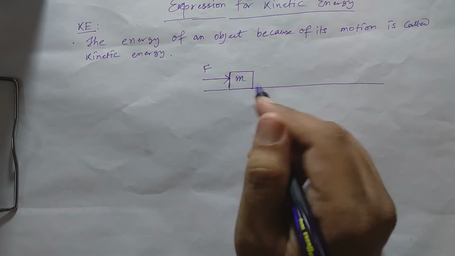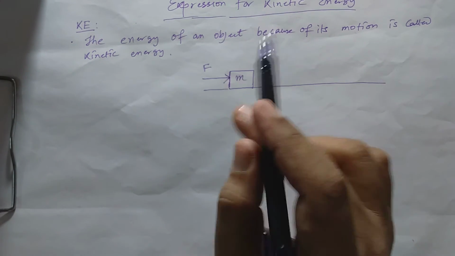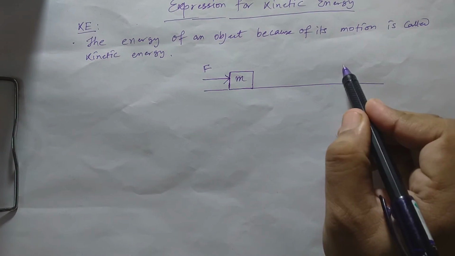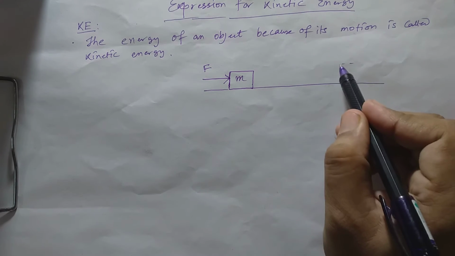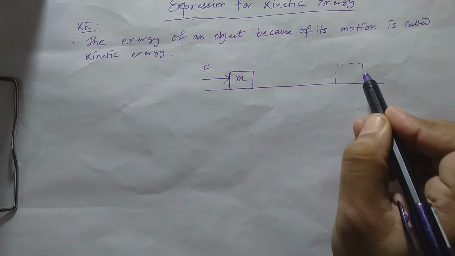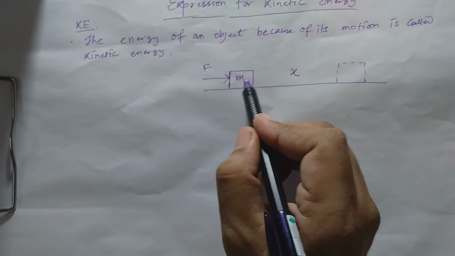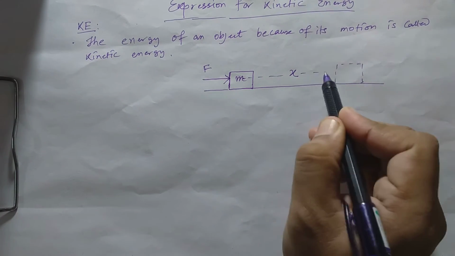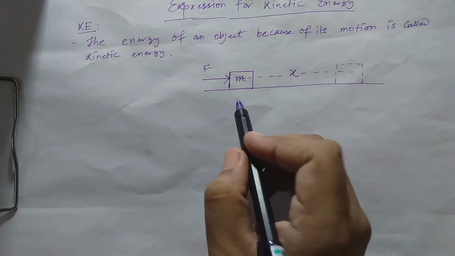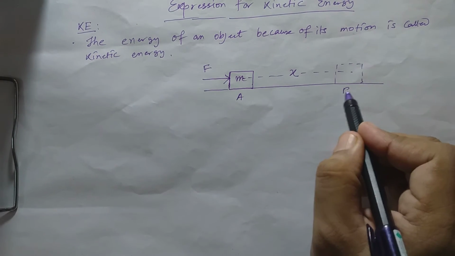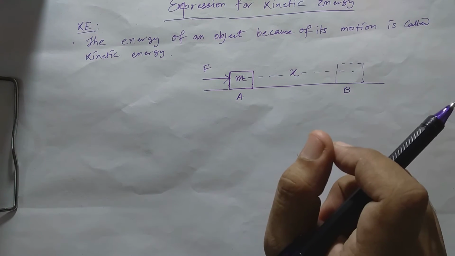Suppose after applying the force, the object has traveled some distance x and reached this point. This is position A and this one is position B. This is the diagram you have to draw when you prove this.